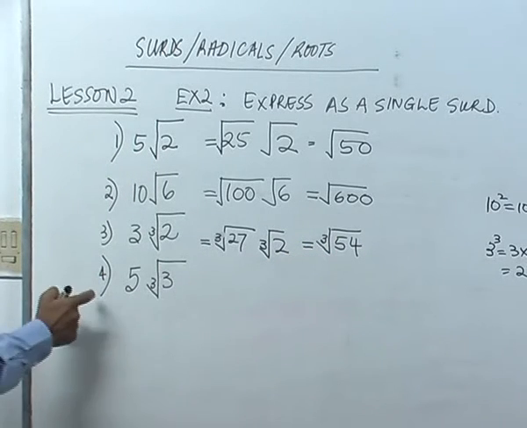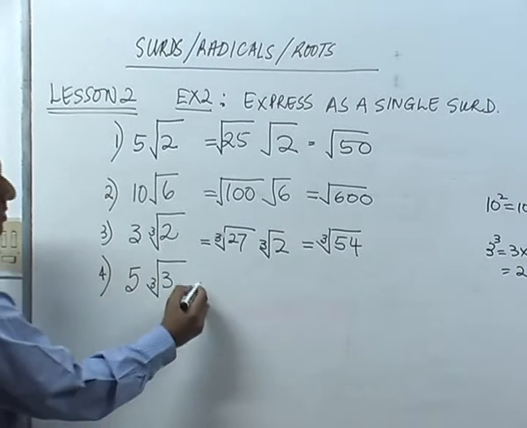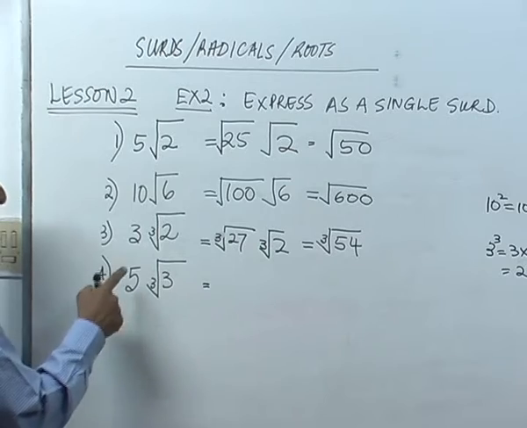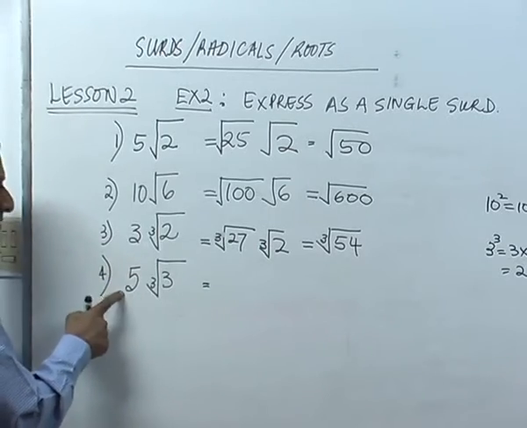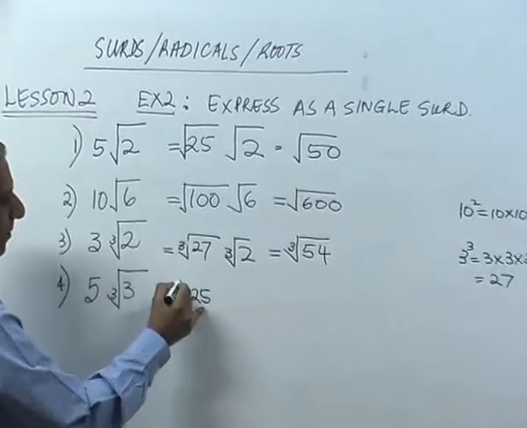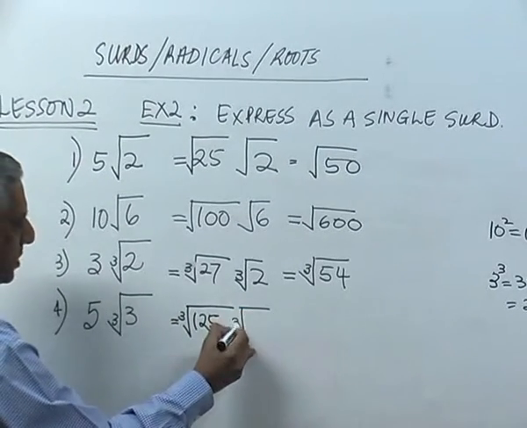And finally, number 4, once again, study the sign. It is cube root. Therefore, I have to cube the 5. 5 times 5 times 5, which gives me 125. Cube root 3.